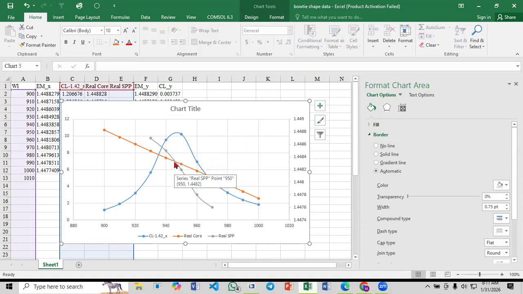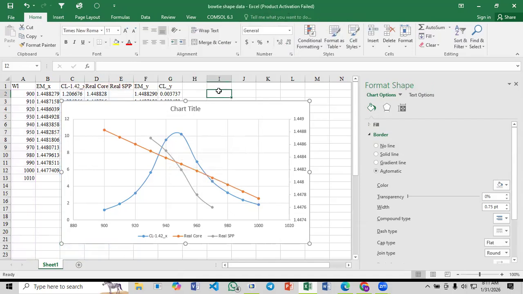That's why the position of the resonance wavelength is here. That's why I told you that if you simulate with a 1 nanometer interval, you will get a very perfect result. But if we say that 950 is the resonance wavelength, it's not actually right. There is some error.